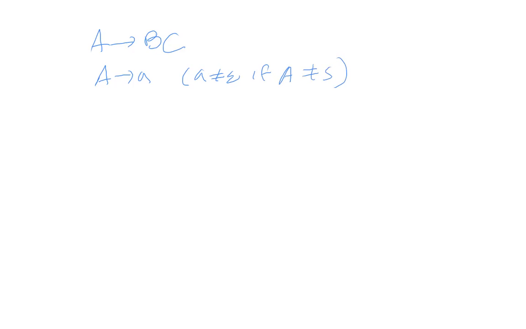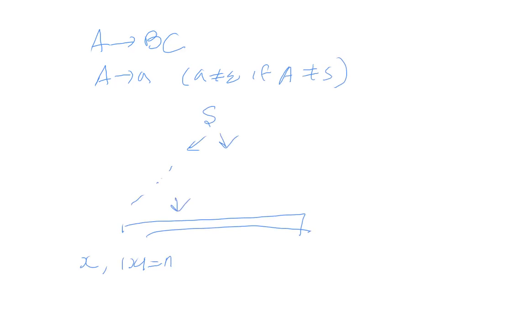So let's say you have a string x with length n. What we want to derive is that you start from S and see whether this string can be derived.